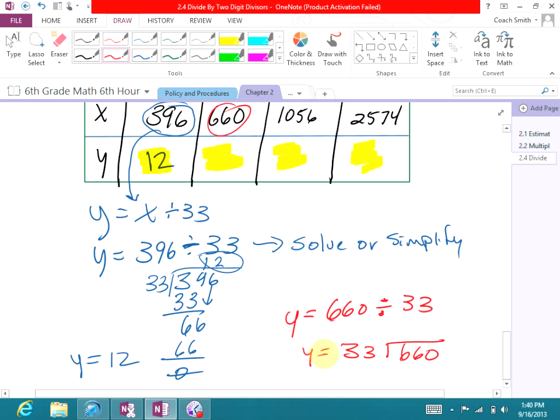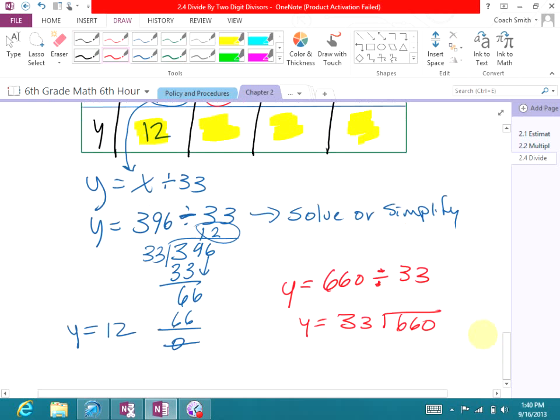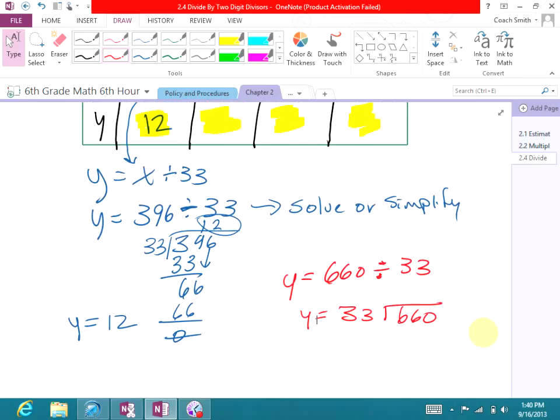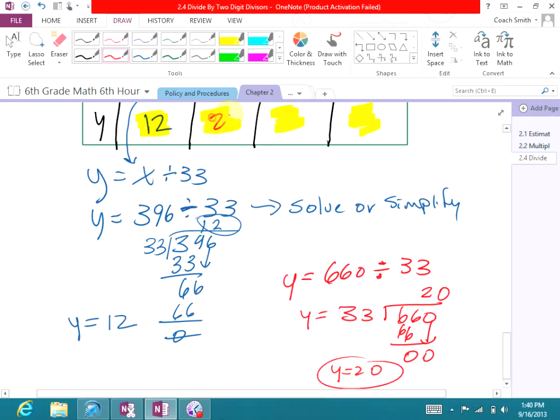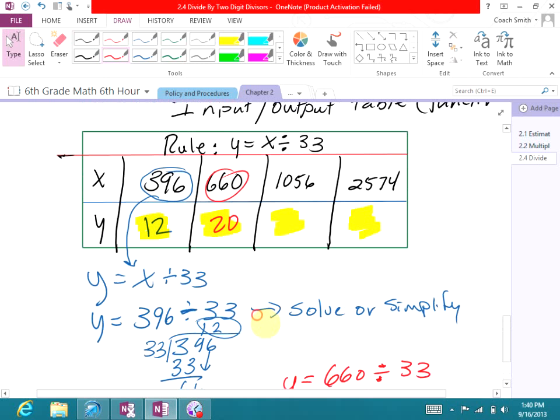That's what y is equal to. 33 goes into 66 how many times? 2 times. 66, remainder 0, bring down a 0. How many times does 33 go into 0? 0 times. So that means y is equal to 20. So I take that 20 and put it into my table.